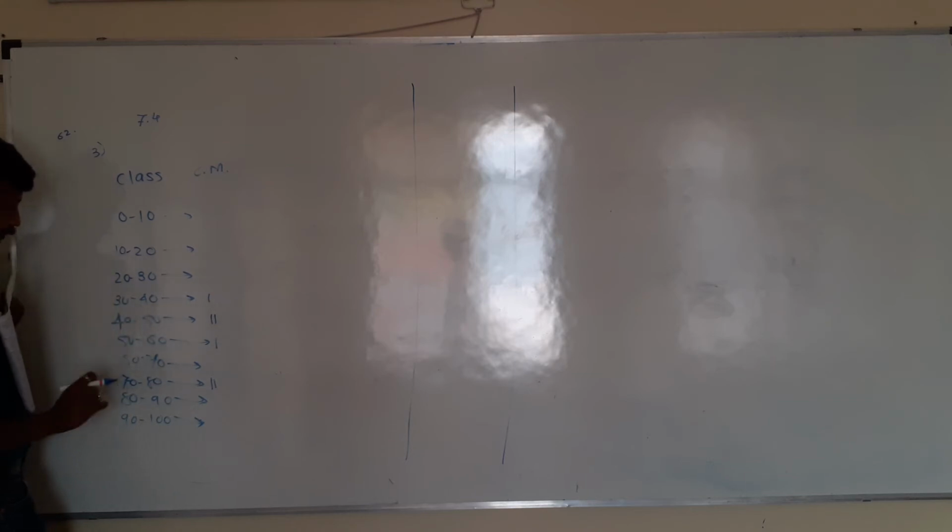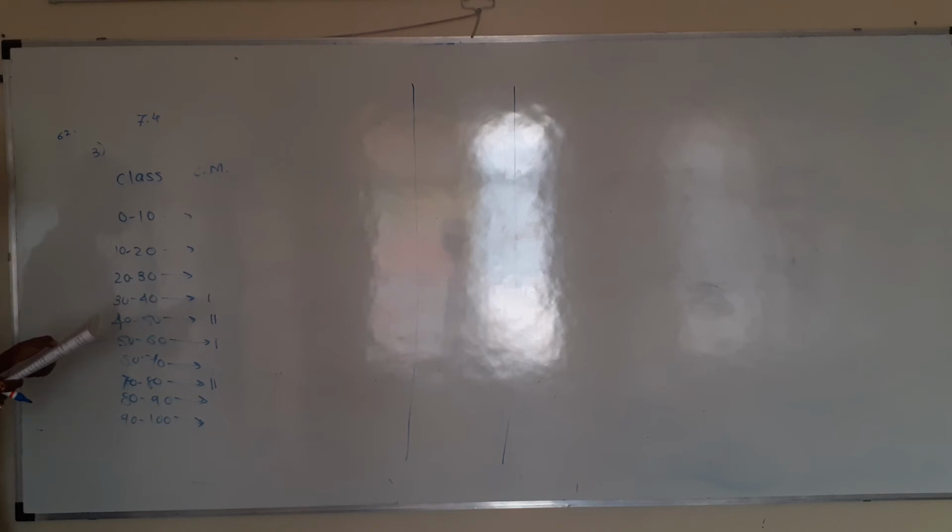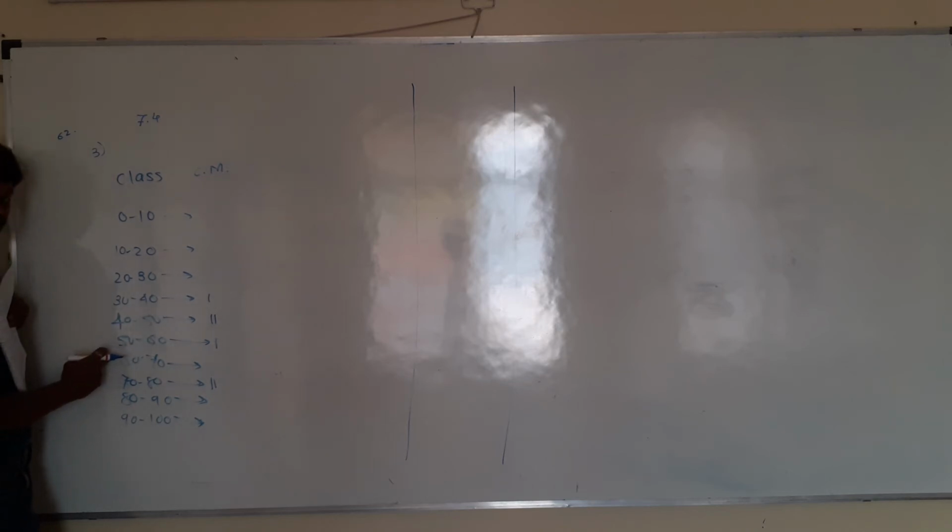60. Now see, 60 will come in this class or this class, because the 50 to 60 range is here, and the 60 to 70 range is here. The question is to prepare a frequency distribution table and cumulative frequency table of more than or equal to type. More than or equal to 60 means the lower class limits are counted in the same class.